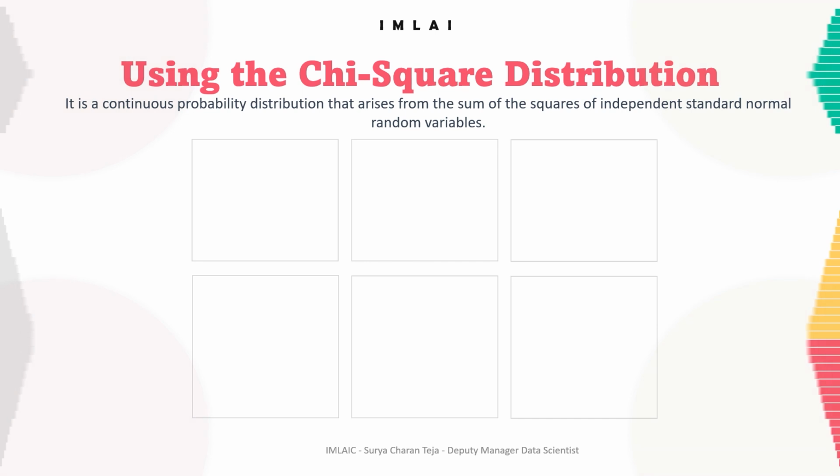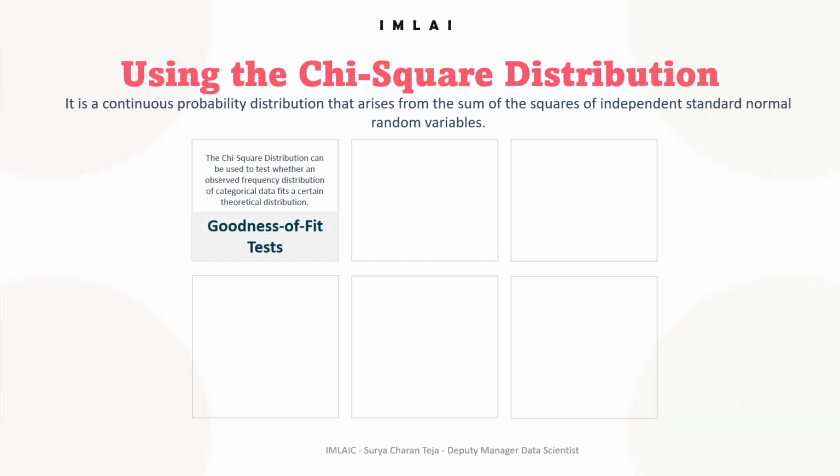Now let's see. The chi-square distribution is often used in many ways in data science. One of them, and a widely used one, is goodness of fit. The chi-square distribution can be used to test whether an observed frequency distribution of categorical data fits a certain theoretical distribution.